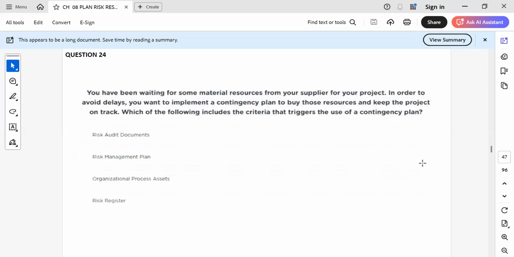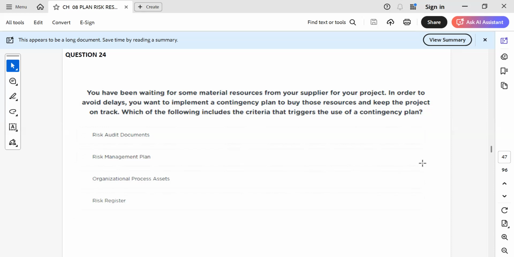True. Correct. So you have been waiting for some material resources from your supplier for your project. In order to avoid delays, you want to implement a contingency plan to buy those resources and keep the project on track. Which of the following includes the criteria that triggers the use of a contingency plan?